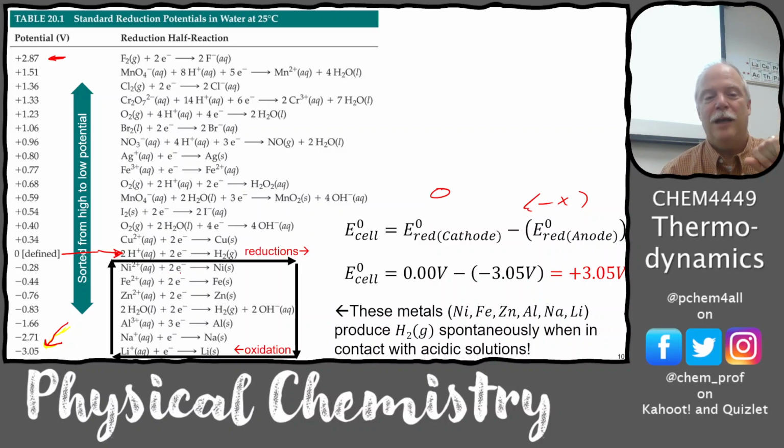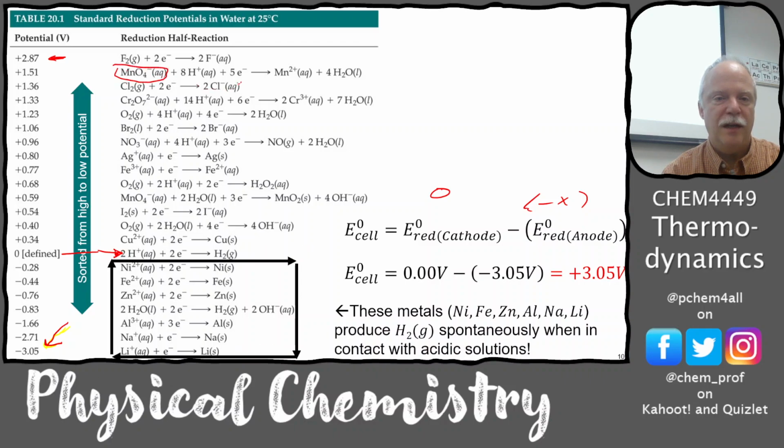The other practical application is, notice how clockwise, pairwise connections in this table are spontaneous. Even if I'm up here, if I have this reaction, let's take this permanganate here.